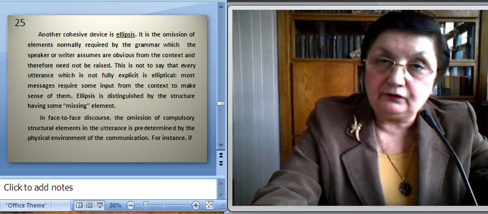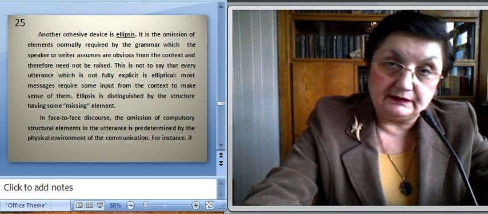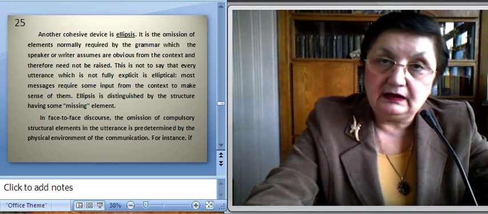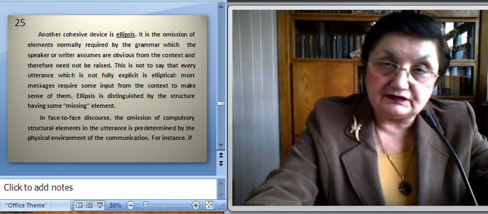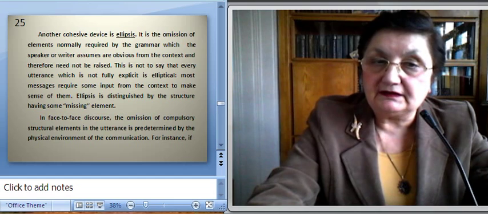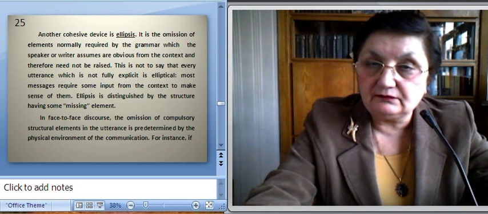Ellipsis is distinguished by the structure with some missing elements. In face-to-face discourse, the omission of compulsory structural elements in the utterance is predetermined by the physical environment of the communication.